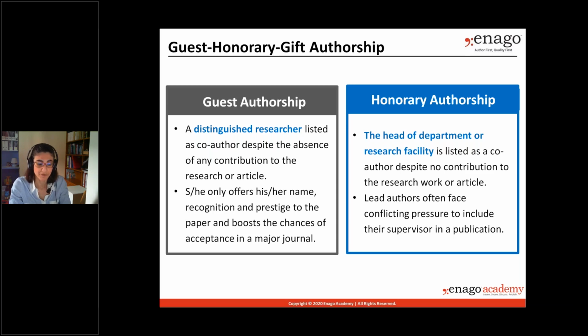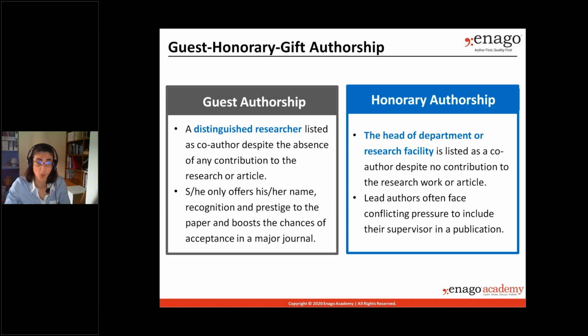Sometimes authors can be faced with these challenging situations, either because they want to offer guest or honorary authorship to serve their personal scientific agendas. On the other hand, this is unethical. It's demoralizing for the other authors and creates a poor research culture in the department, in their team.